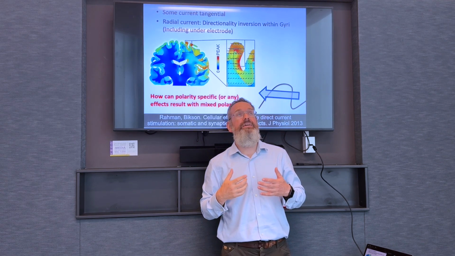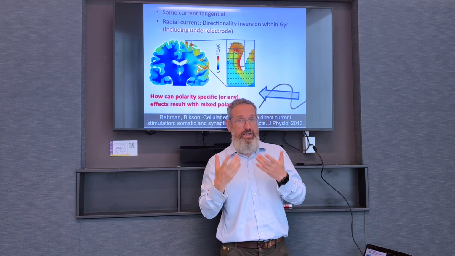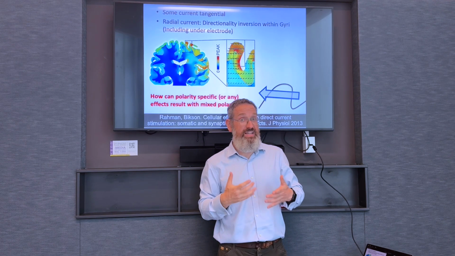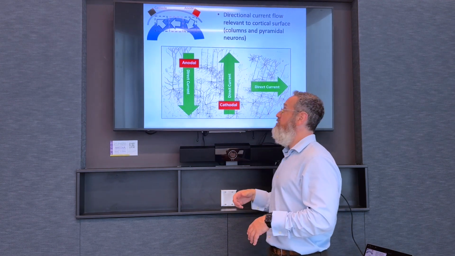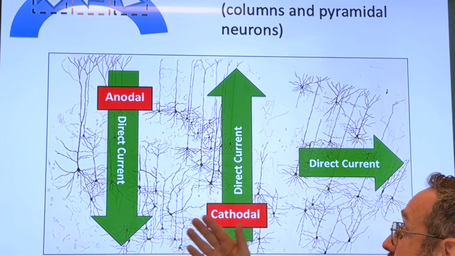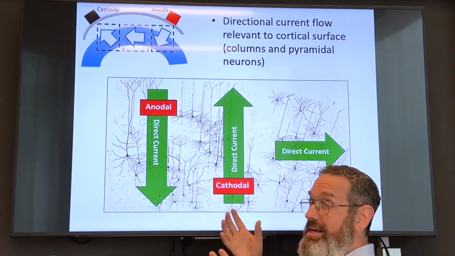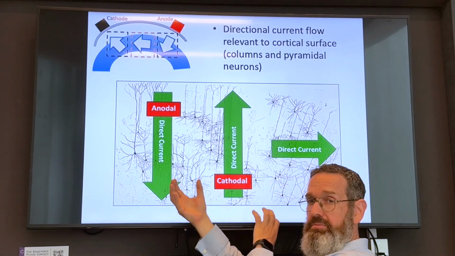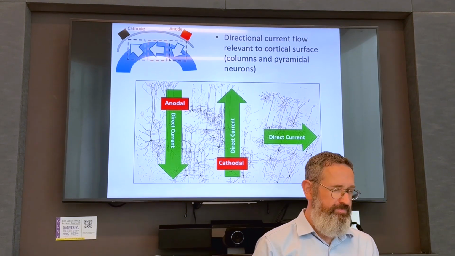Now that I've set up the problem, the solution to that problem is really the second main point of this presentation. So we need to go back to this idea that when we're applying stimulation, we have this organization of the cortex. We can have current flowing in, current flowing out sideways, and in some cases, both in and out, not in the same part of the brain, to be clear, but in adjacent parts of the brain where it inverts.